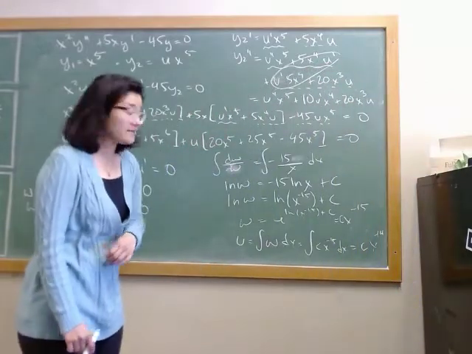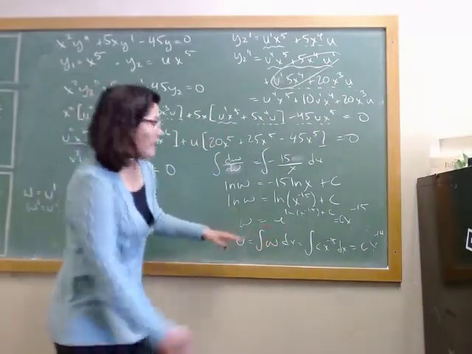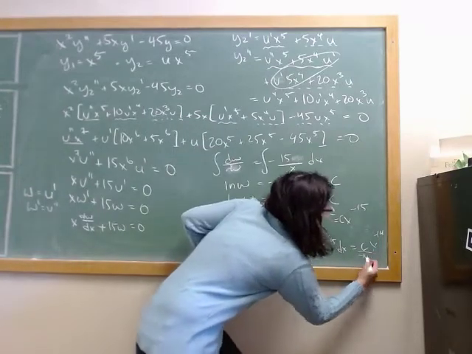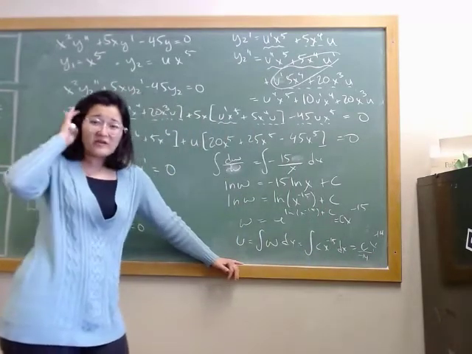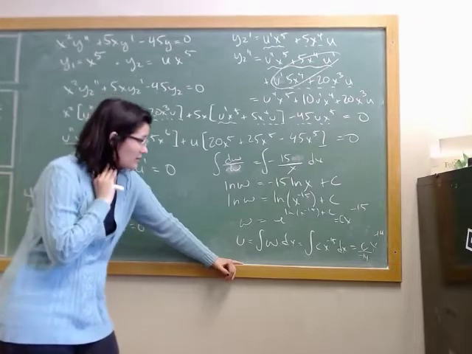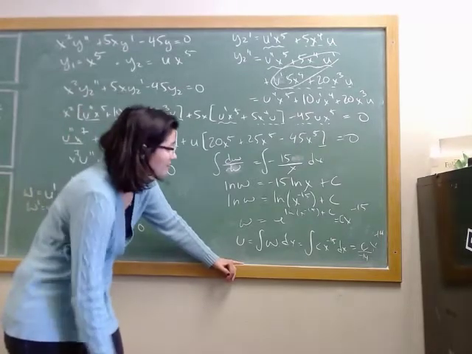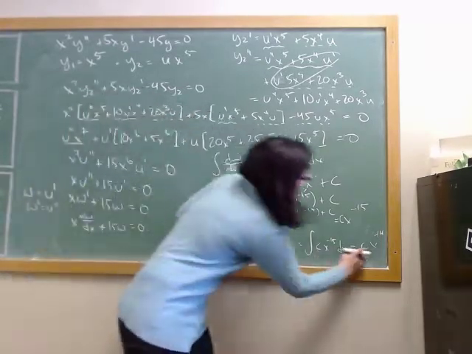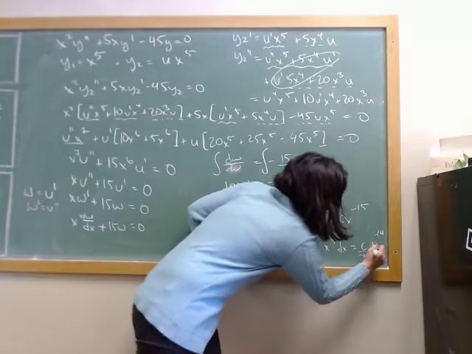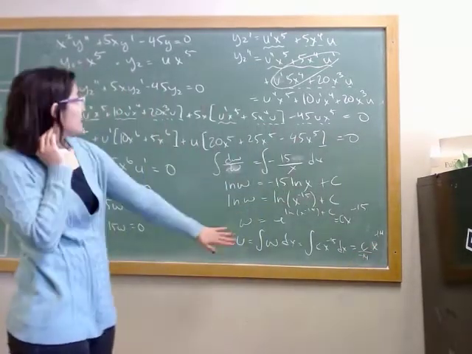So I'm running out of space here. And that would actually be c over minus 14 if you want to be really careful with all your bookkeeping, but you don't have to be because it's just an unknown constant. There we go. That's my u.